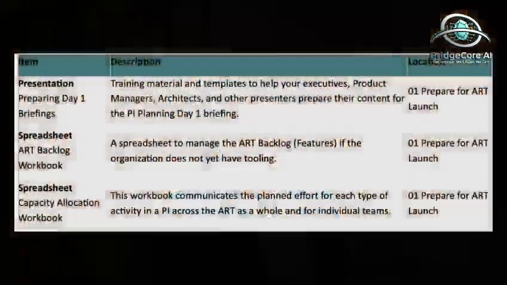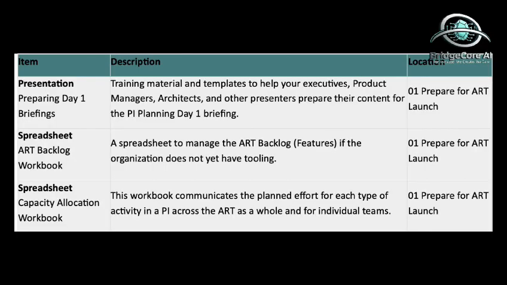The PI Planning Toolkit has resources to help you. The Preparing Day 1 briefings templates, the RT Backlog Workbook, and the Capacity Allocation Workbook. Use them. Here are a few practical tips for content readiness. 4 to 6 weeks before PI planning, run a feature candidate review. This helps prioritize features and gives teams early visibility.